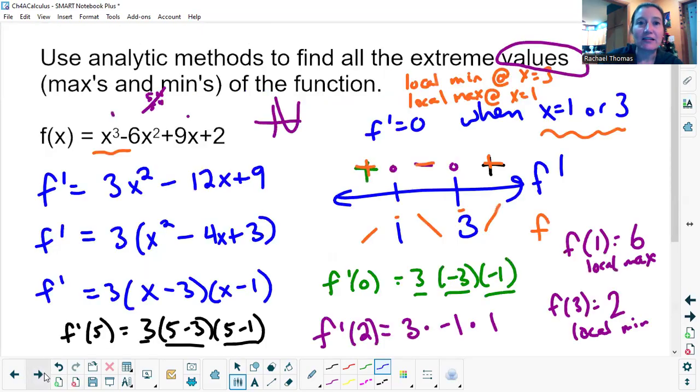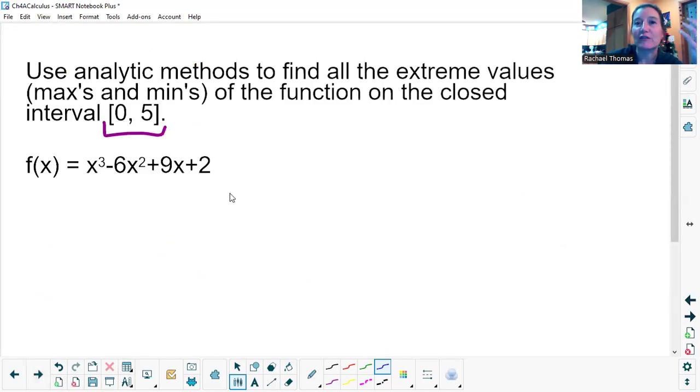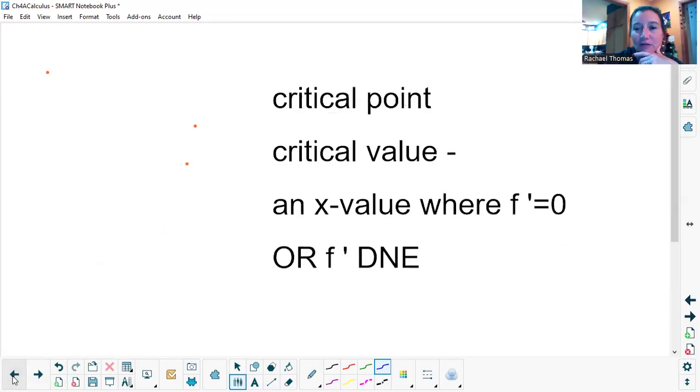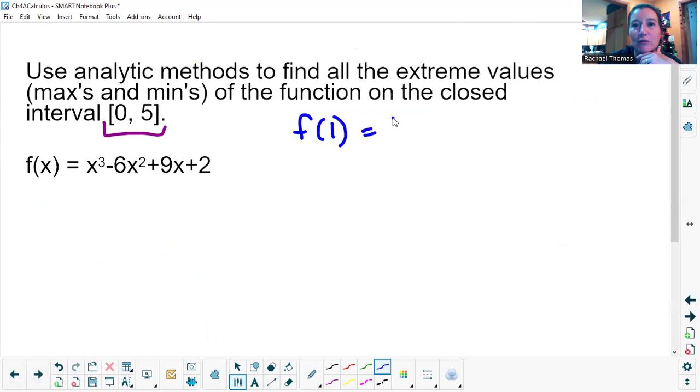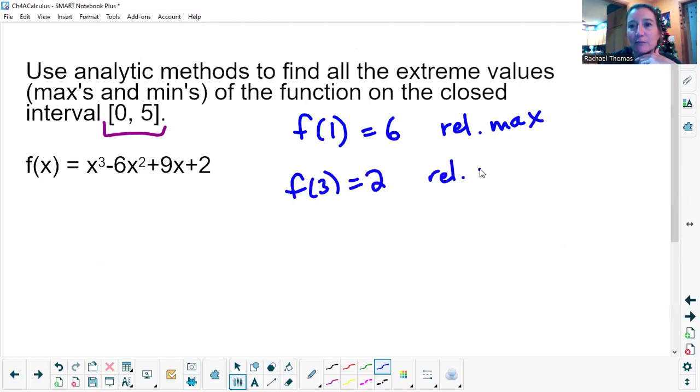Let's go ahead and see if we can just brute force finish this problem. All right, I already know these facts about this problem. I need to get my values over here because I forgot. Okay, 6 and 2. f of 1 equals 6, and this represents a relative max, or local max. I know that f of 3 equals 2, and this represents a relative min.